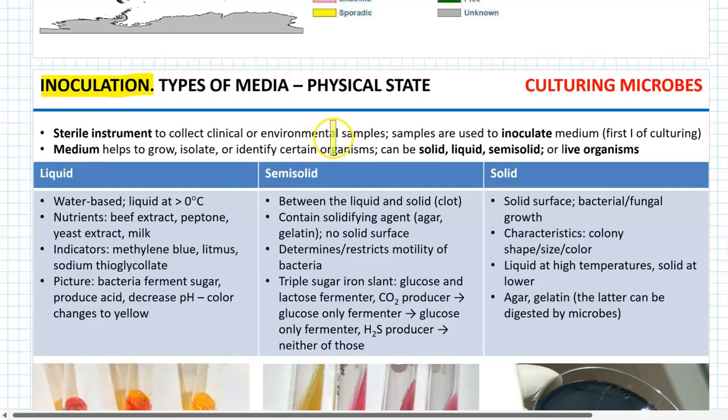Second thing, medium. What is medium? Medium is anything that can support nutritionally the growth of microorganisms. So the agar that you used last week was obviously a medium. But let me ask you a few questions. Milk, can it be a medium for bacterial growth? Yeah.